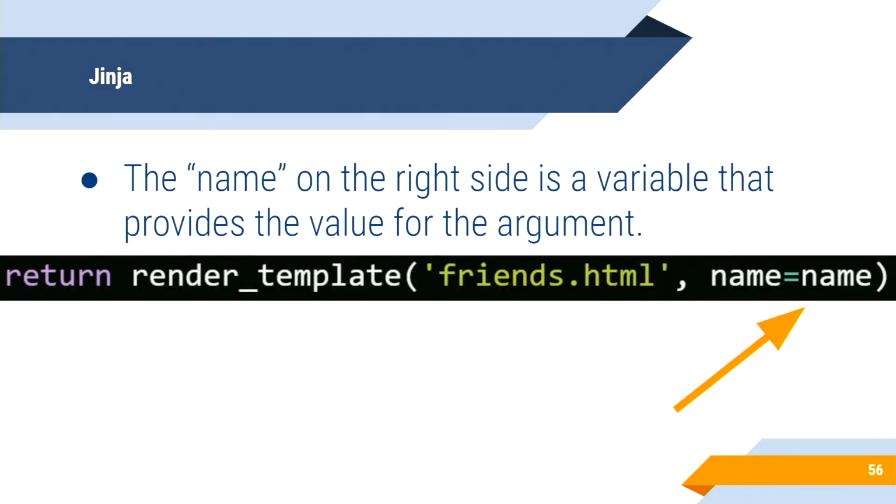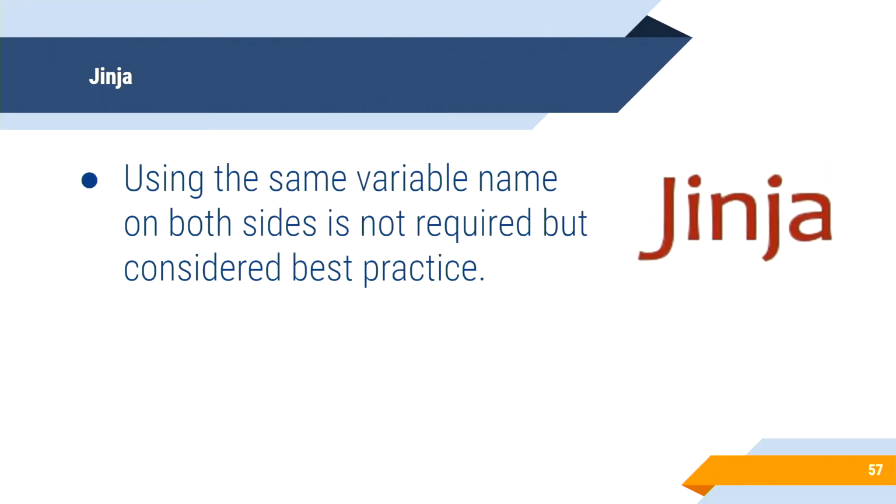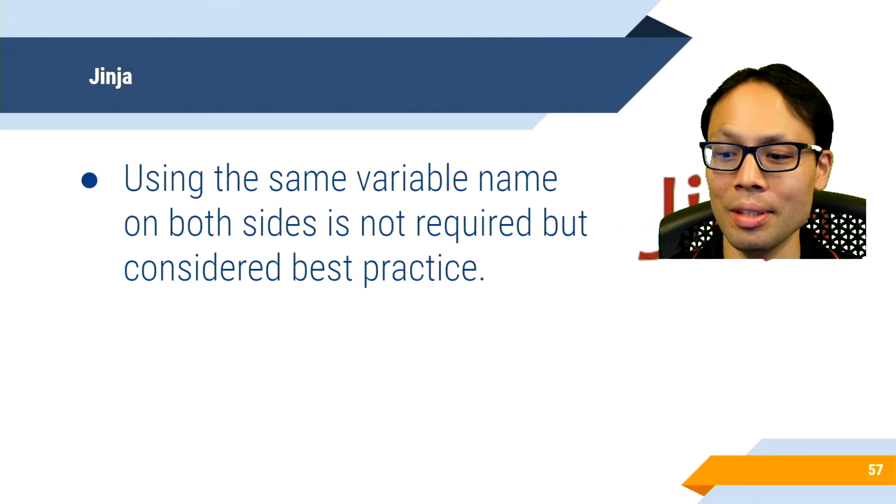The name on the right hand side is the value of the argument. So the name of the variable is on the left hand side, and the value is on the right hand side. Generally speaking, you want to use the same variable name on both sides. It's not required, but it is considered best practice.